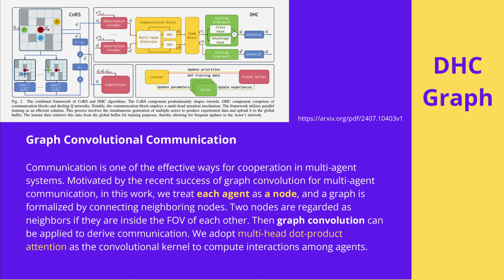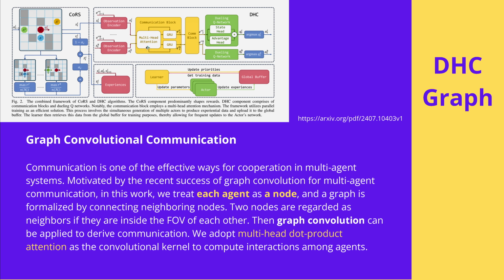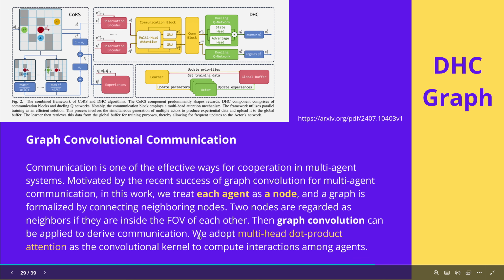And then graph convolution can be applied to derive communication patterns, and how they calculate it. Yeah, you're not going to believe it, since we are working with transformers, they adopt the multi-head dot product attention mechanism as the convolutional kernel to compute all the interaction among the agents.